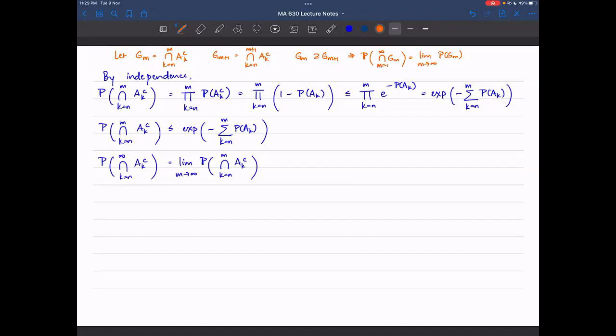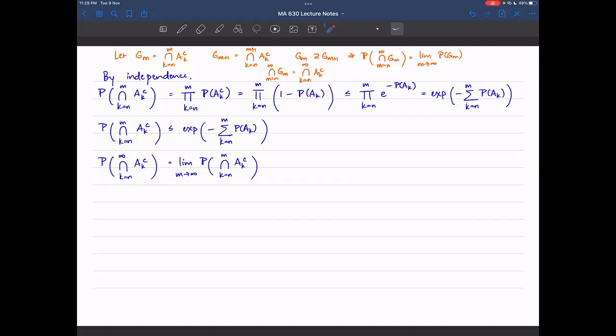And what is the intersection of Gm? Oh, maybe this should start at m equals n to infinity. I'm sorry, it should not start at 1. So intersection m going from n to infinity Gm. This is simply the intersection k going from n to infinity, ak complement. All right, so that's what I'm using here.